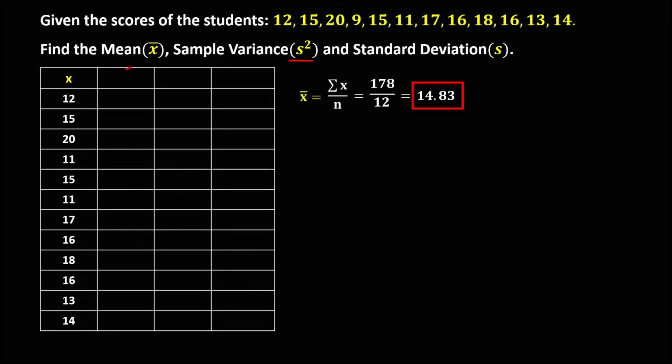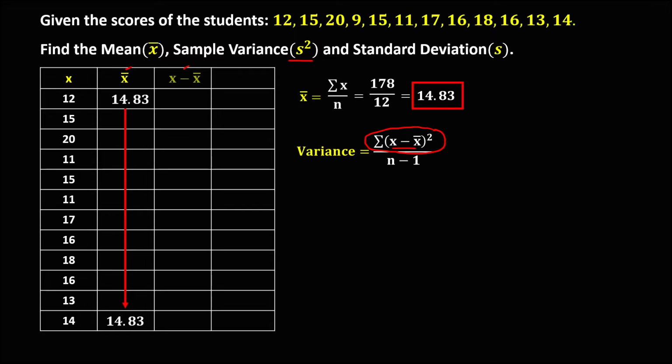Then to find the sample variance, first we need to complete this table. For this column, we need to put the sample mean, which is 14.83. Then using this formula to solve for the variance, first we need to find the value for the numerator from this table. For this column, we have x minus the mean.